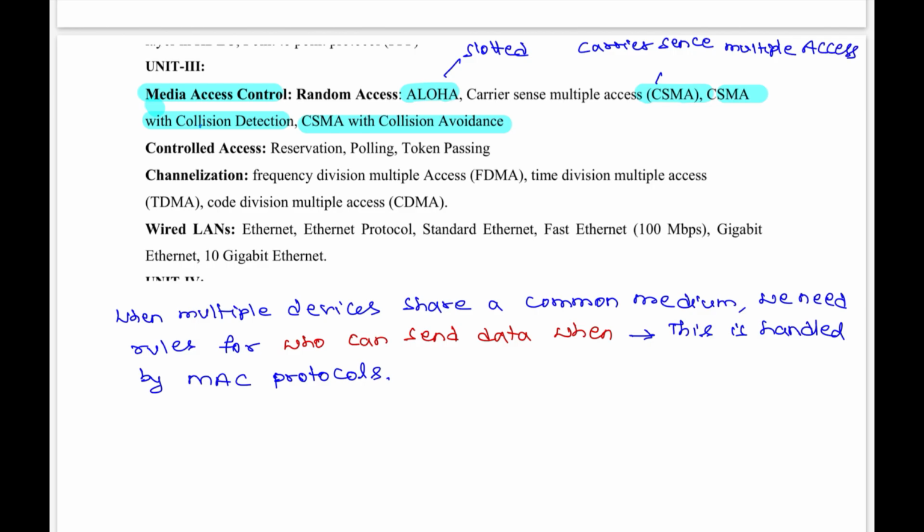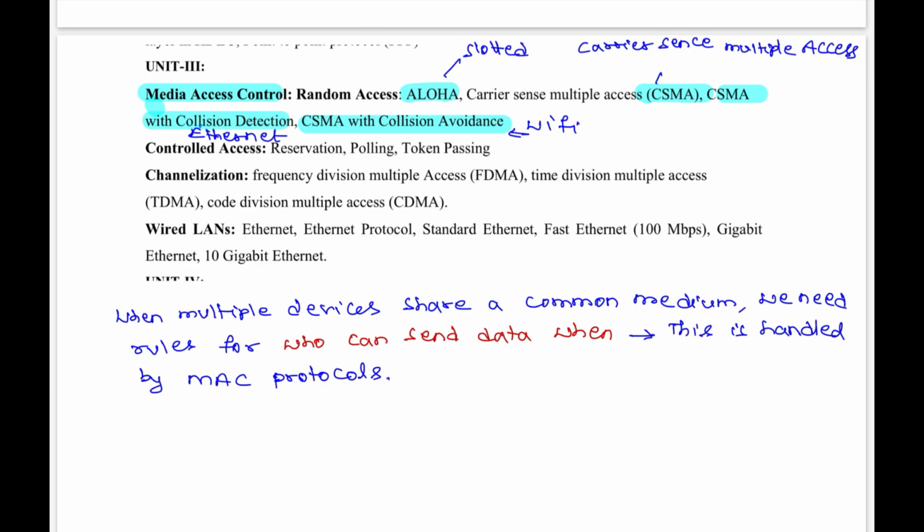It listens before transmitting. Next one is CSMA with collision detection, it is used in Ethernet, and the CSMA with collision avoidance. It is used in Wi-Fi.